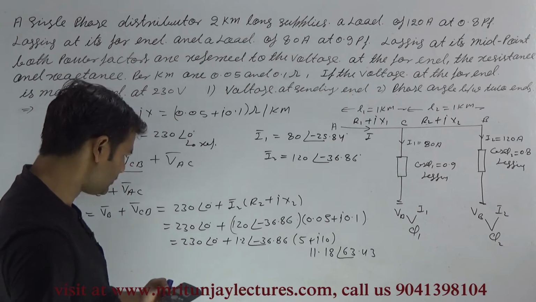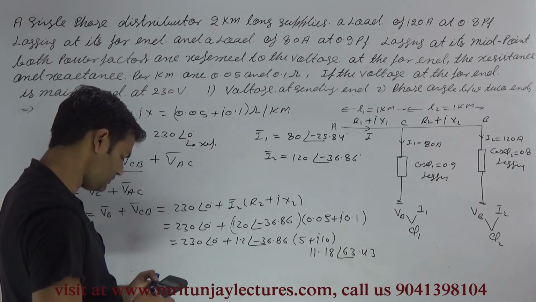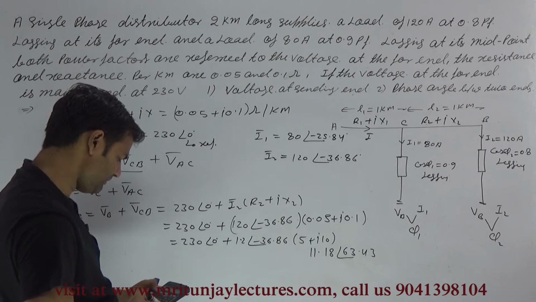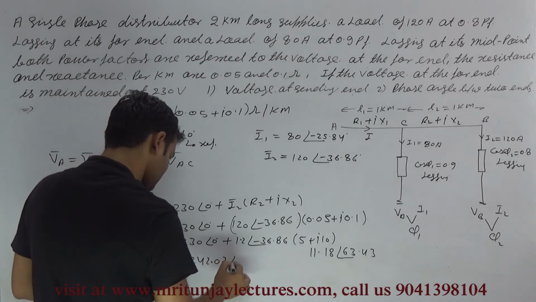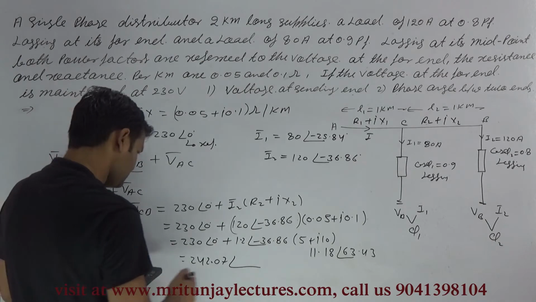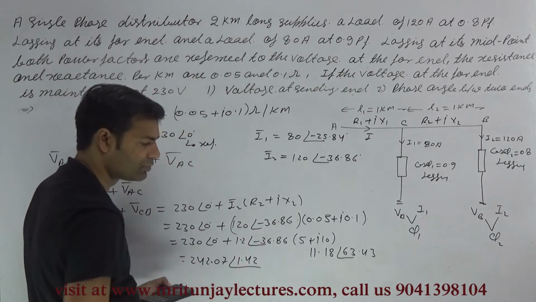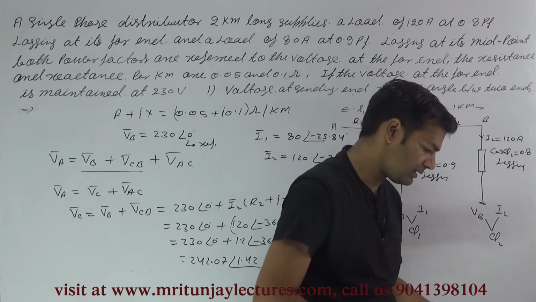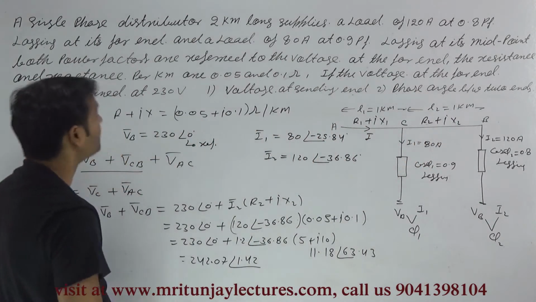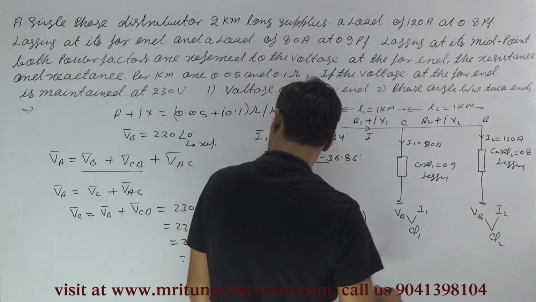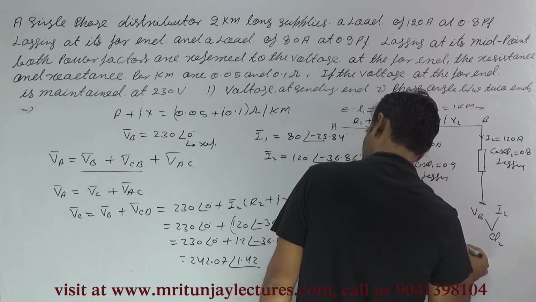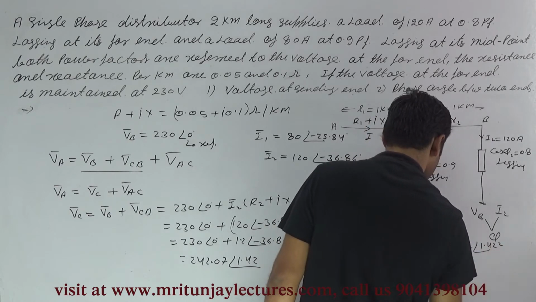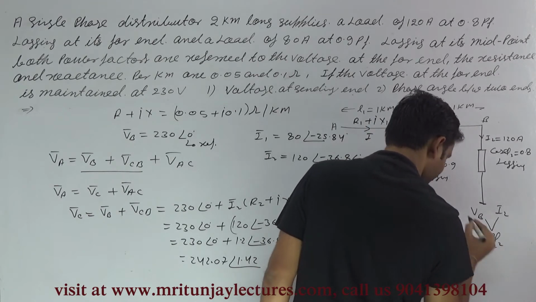We got 13 point something, plus 230 at the angle 0, again converted into polar form, that is 242.07 at the angle 1.42. That is VC. So finally VC is written here, 242.07 at the angle 1.42, or you can say VC at the angle alpha.